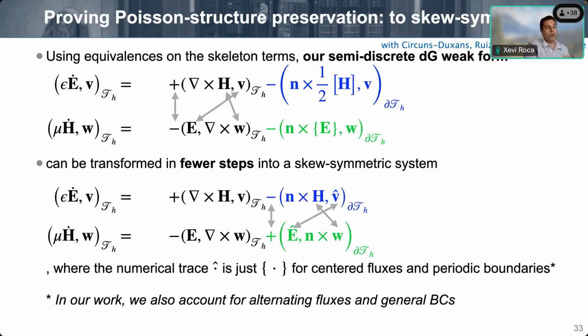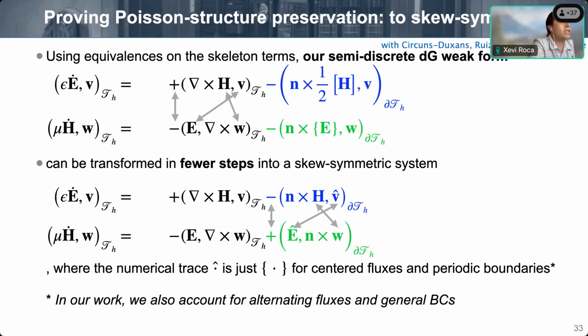What's the path that we use, doing equivalent transformations to get the Poisson structure? The first thing is that in that weak form there is a term, which I cannot point at with a cursor, but it's the curl of H times the test function B in the mesh volume. You can see that you have an alternate sign between the top equation and the equivalent term in the lower equation, plus against a minus.